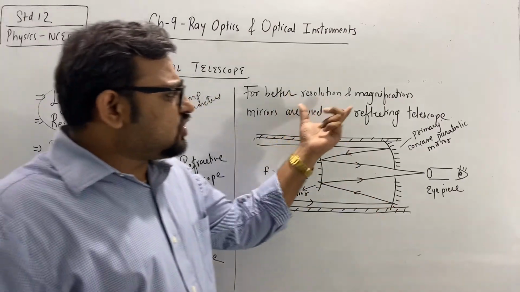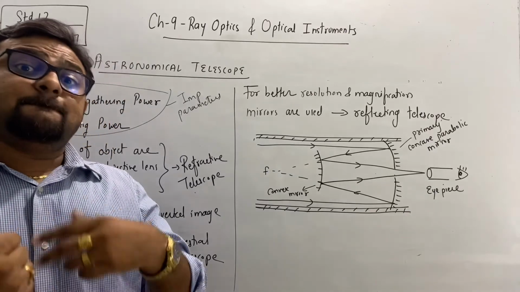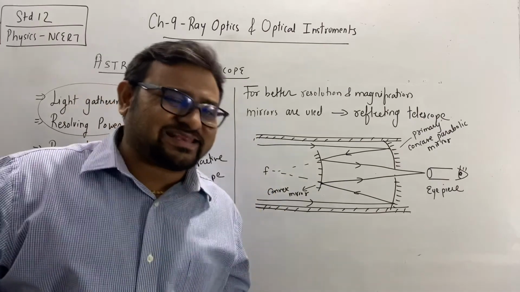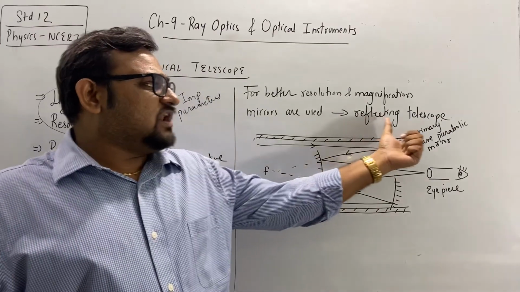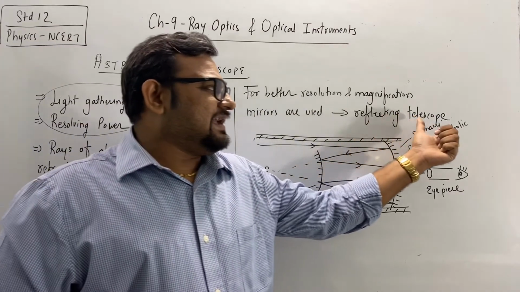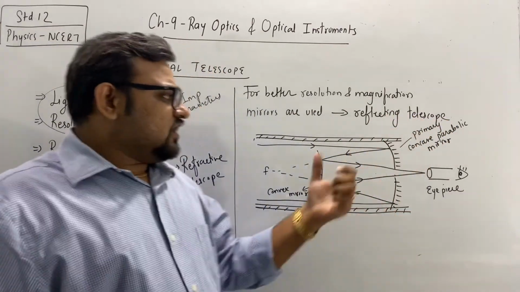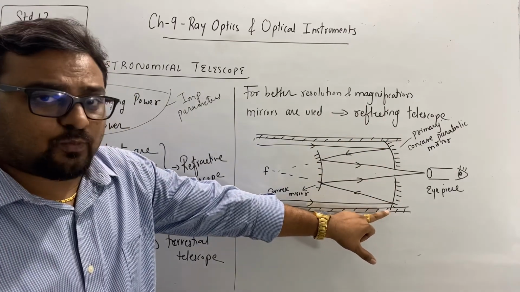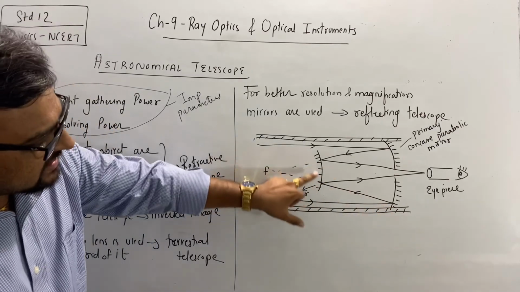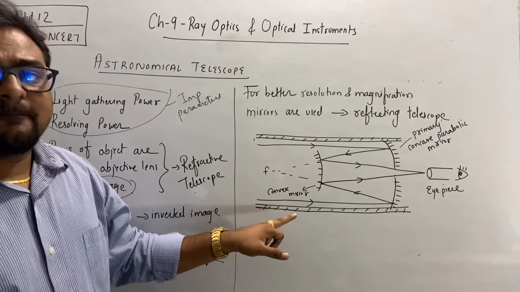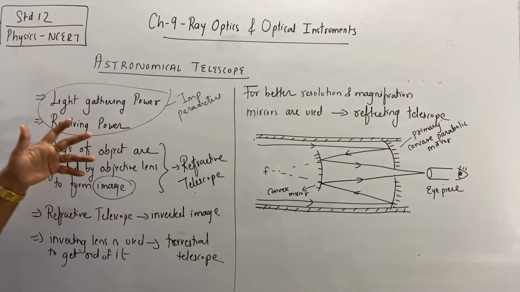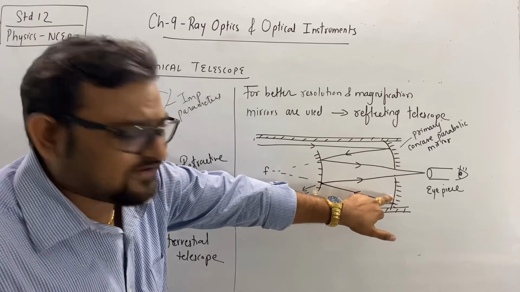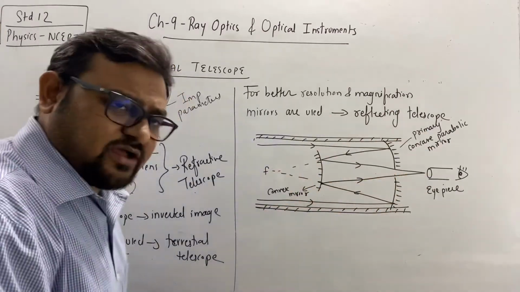So to improve the resolution and magnification, mirrors can be used. As these mirrors reflect the light rays, such a telescope is called a reflecting telescope. Here you see this is the primary concave parabolic mirror and this is the secondary convex mirror. So what happens when light comes in this way? It undergoes reflection when it is incident on the concave mirror.